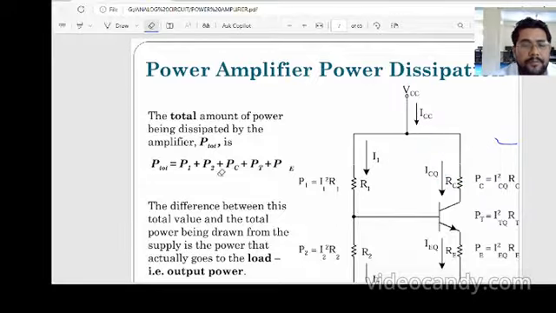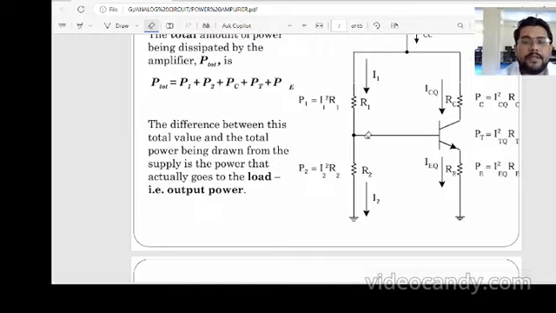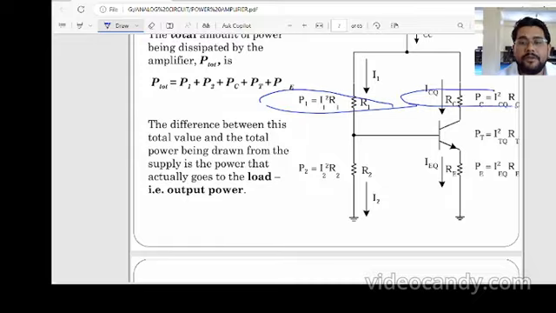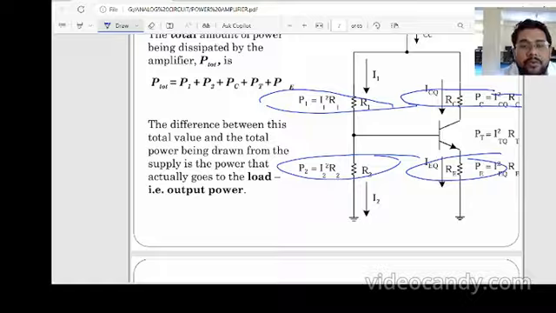Suppose P1 is here, and the current is flowing like this. Here the power dissipated is P1, here the power dissipated is PC, and the load current power is P. All the resistances are connected and the dissipated powers are added. P is the emitter transistor power.